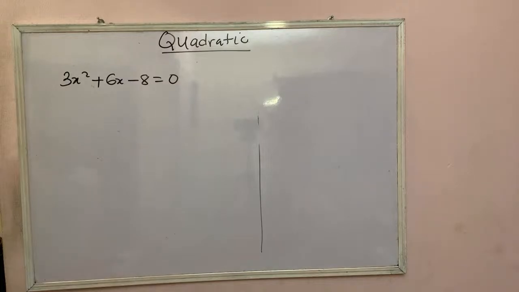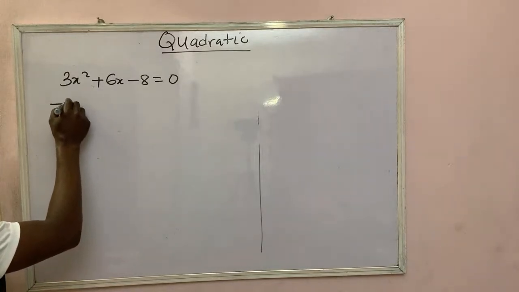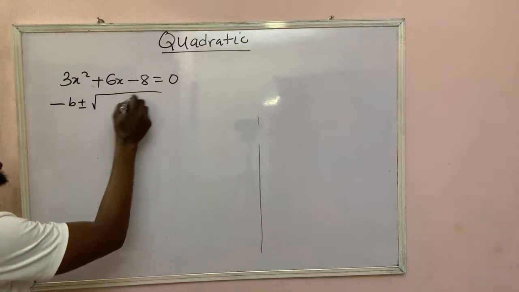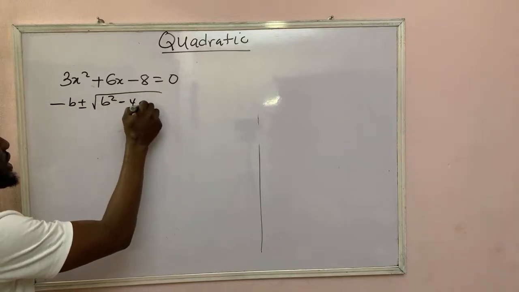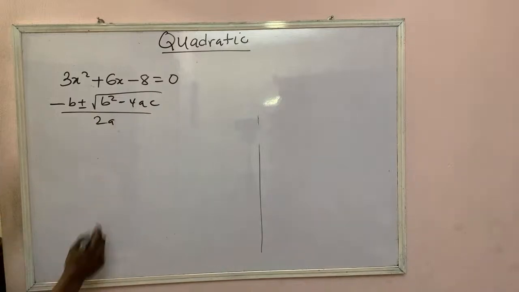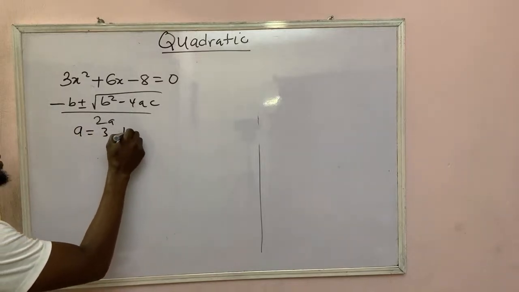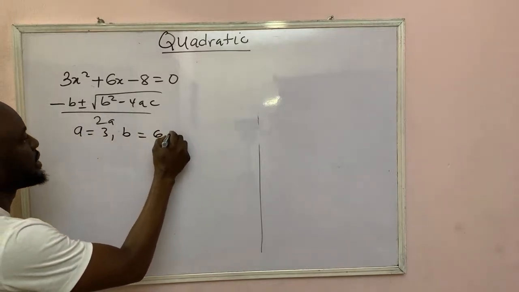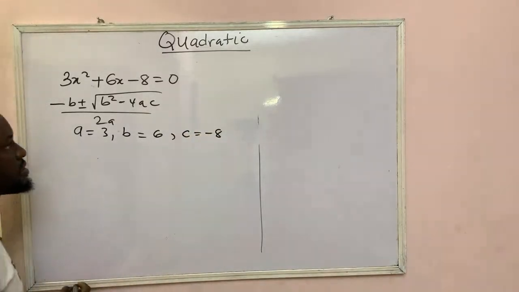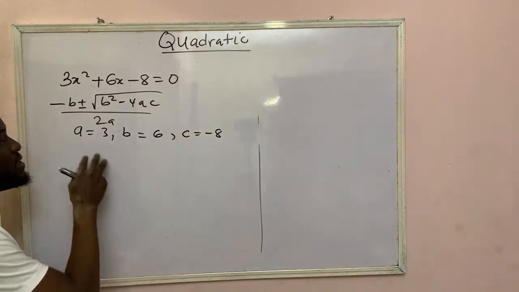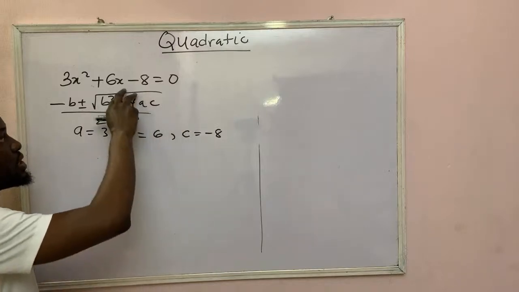Okay. Now, if you look at this, we have minus b plus or minus the square root of b squared minus 4ac, divided by 2a. So can you try to see if you can do this? All right. So here, my a is 3, my b is -6, and my c is -8. So basically, I'm plugging in the values of a, b, c into this expression.